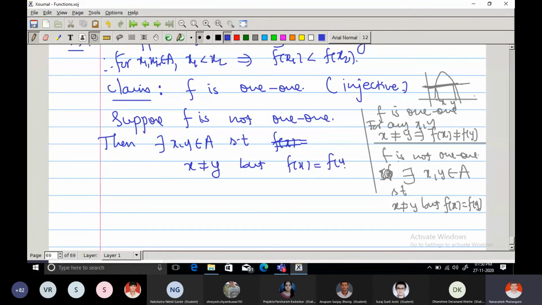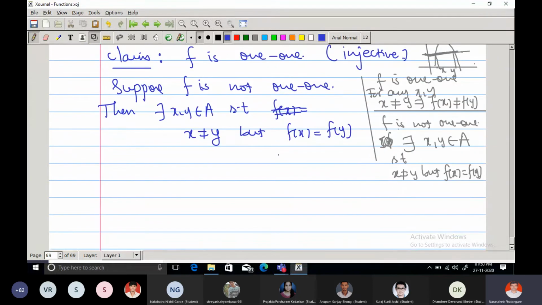Since x is not equal to y, by the trichotomy property, what is the trichotomy property of real numbers? Do you remember it?